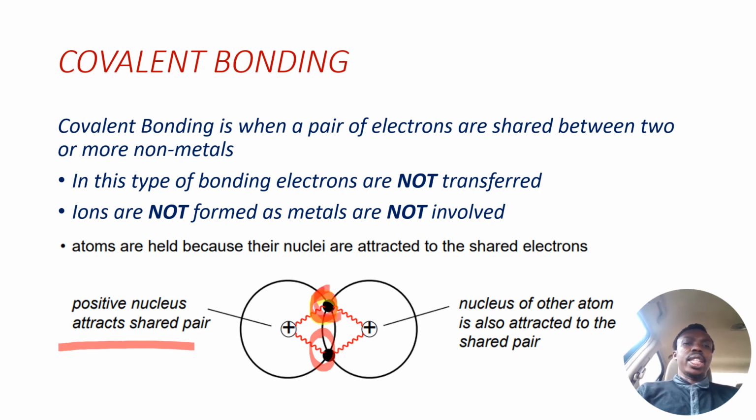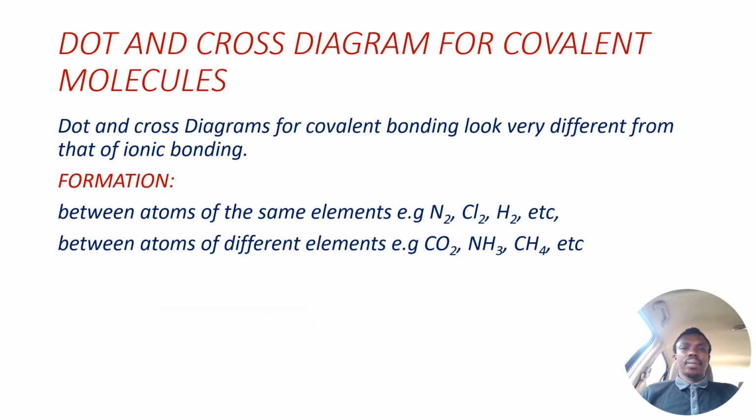So what keeps the shared pair of electrons in position? It has to do with the positive nucleus from each of the atoms. Generally, covalent bonding is the sharing of electrons between non-metals. When they share electrons, they attain their noble gas configuration. So it's as simple as A, B, C.